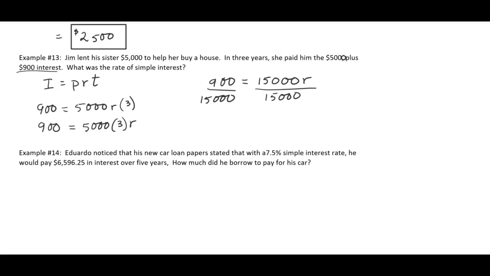We'll take 900 divided by 15,000, and I'm getting 0.06 equals R. Now that's the number as a decimal. I want it as a rate of simple interest. So I'm going to change it to a percent, move it 2 decimal places, and so the rate was 6%. Maybe her brother needed the money.